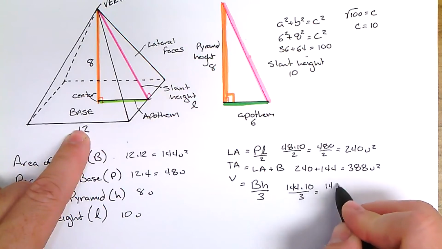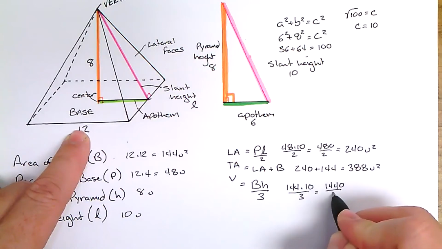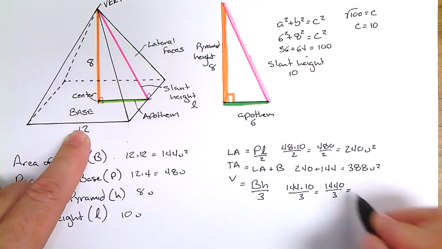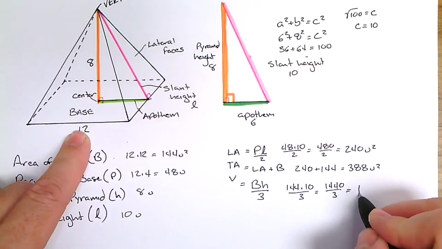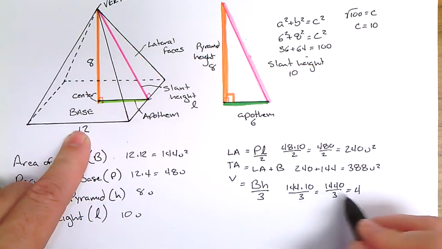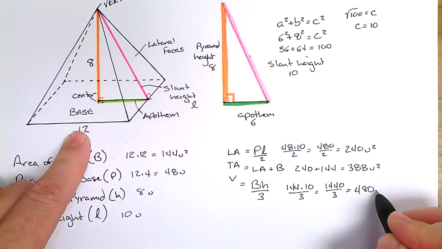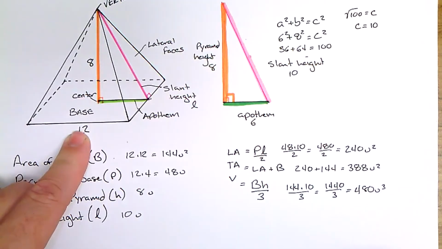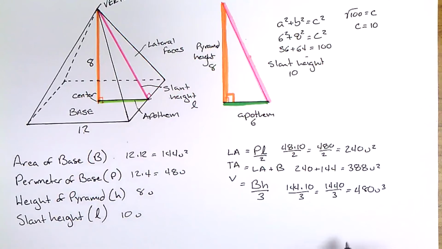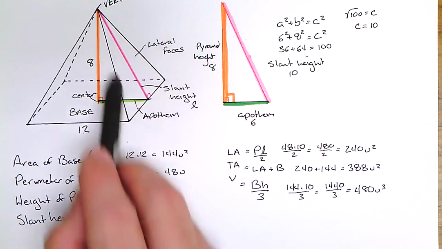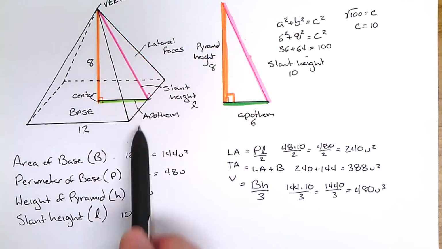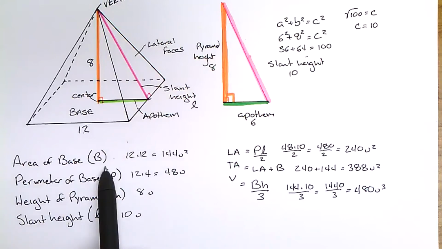So that's 1,152 divided by 3, which equals 384 units cubed.